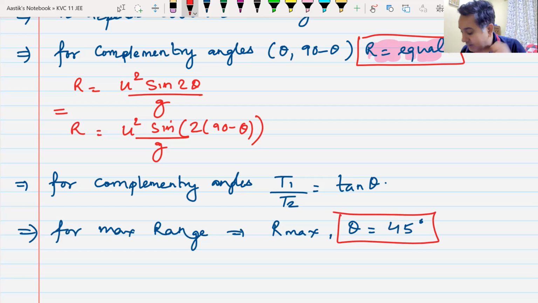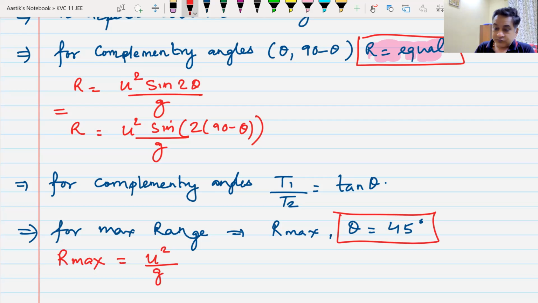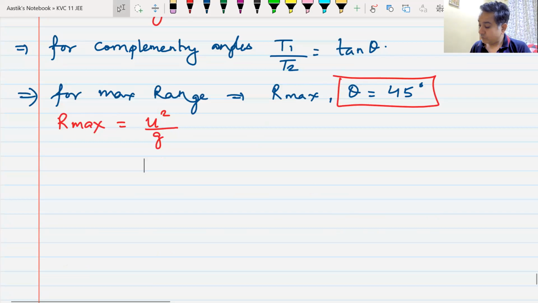If you put the angle as 45 degrees, the maximum range will be u square sine of 2 times 45. 2 times 45 is 90, sine of 90 is 1. So you will get the answer as u square by g. Do you understand this? For maximum range, angle of projection has to be 45 degrees.